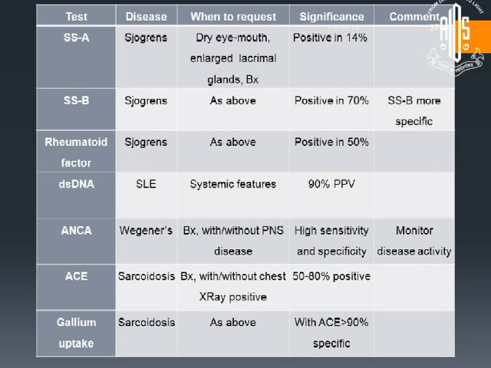When you suspect Sjogren's, look at SSA and SSB, but SSB is far more specific. dsDNA is going to be positive in almost all of these disorders, but if you see systemic features of lupus, it's going to have a much higher positive predictive value. ANCA is positive in Wegener's, and you can actually monitor disease activity using that. ACE is positive in sarcoidosis.